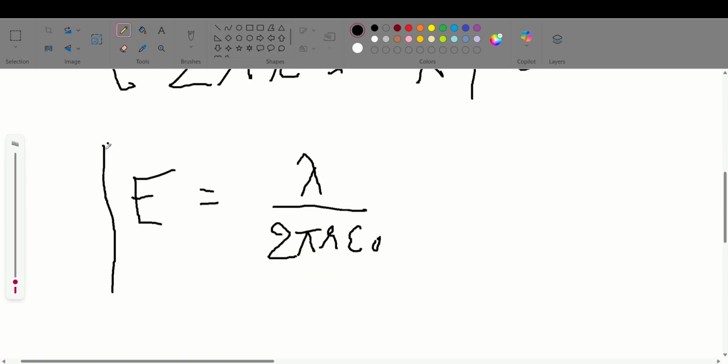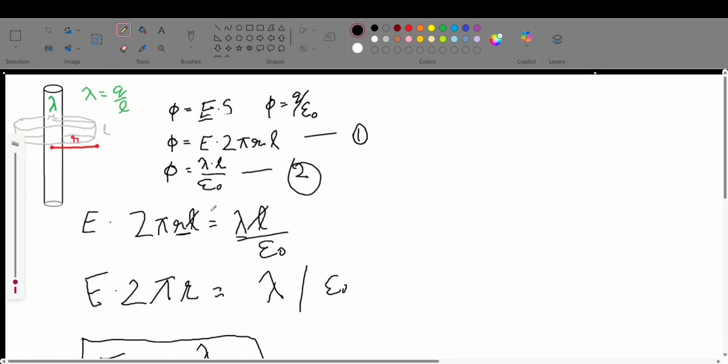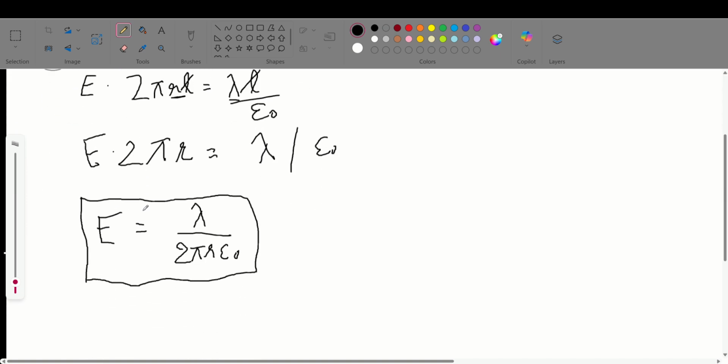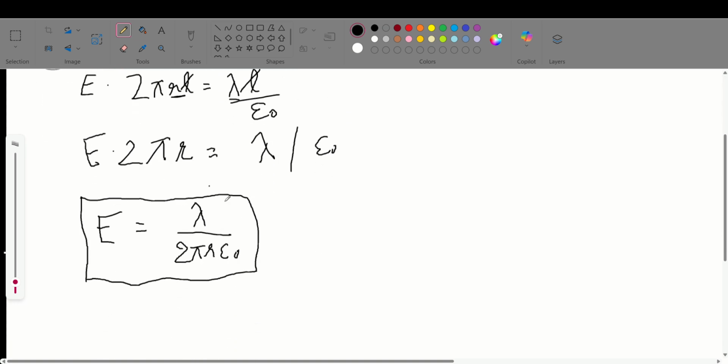This is the formula for the electric field due to a charged wire at a distance of r with a uniform charge density of lambda.